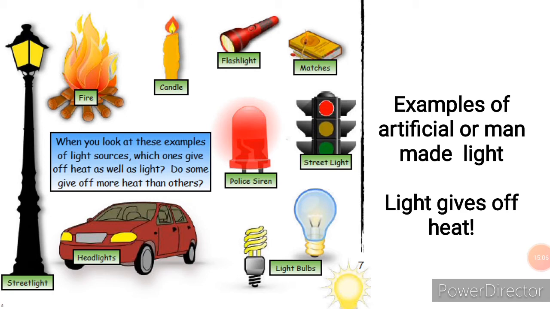And then fire is another form of light, and then candle is another form of light, and then you see your flashlight, which we normally call your torchlight, is it not? Yes. So all these are examples of what? Man-made light. You can see matches there, is it not? Before the advent of matches, we actually used stone to generate light, which produces fire.